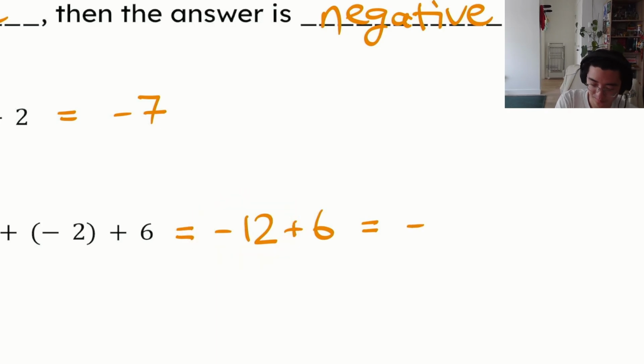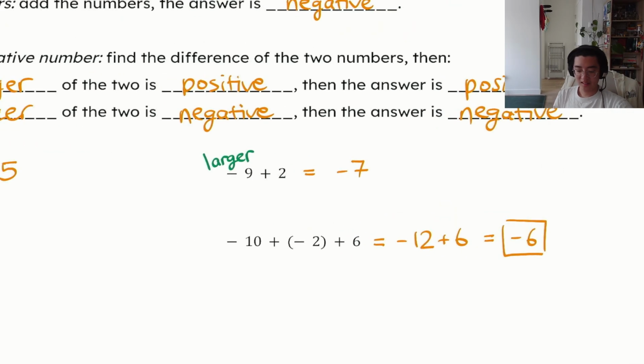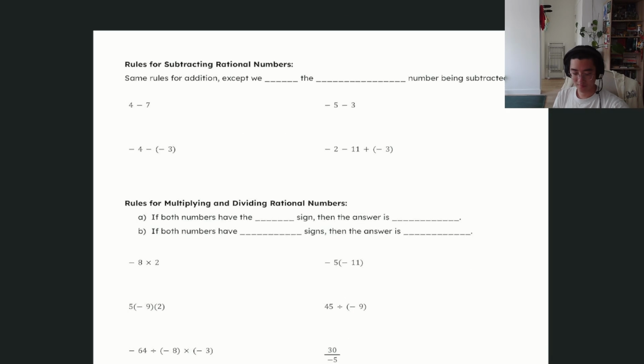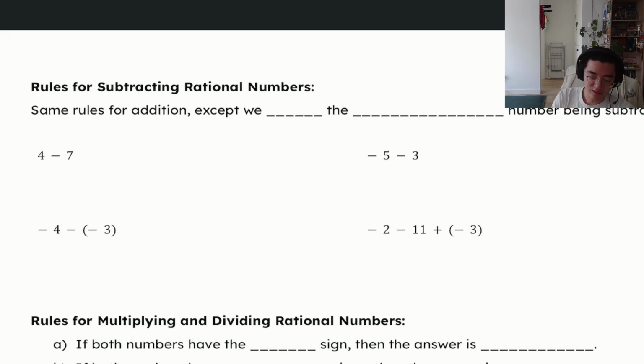Next, we just subtract them. 12 minus 6 is also 6. And that's pretty much it. For problems with multiple steps, always make sure the answer is in a box, so we know what the actual final solution is. Okay, let's try a few more here.